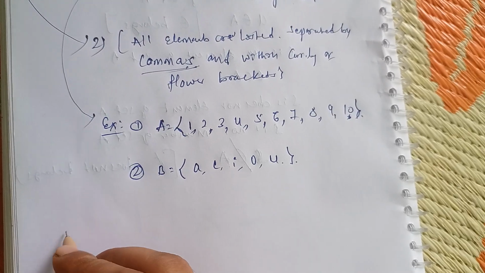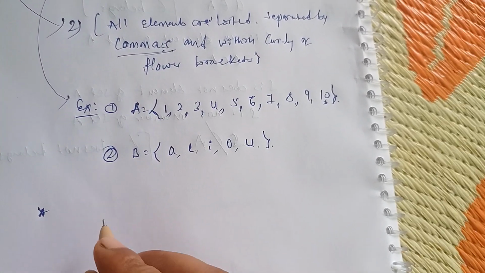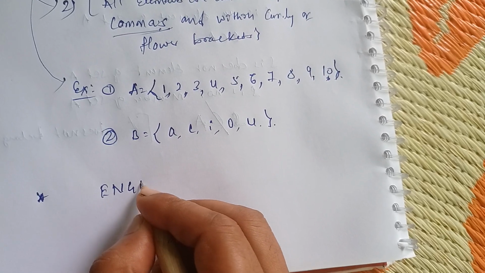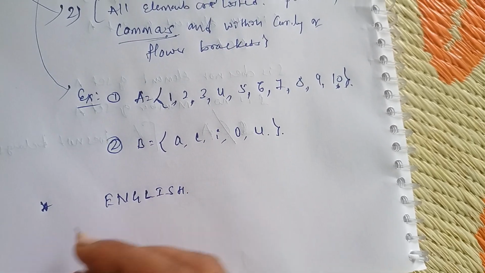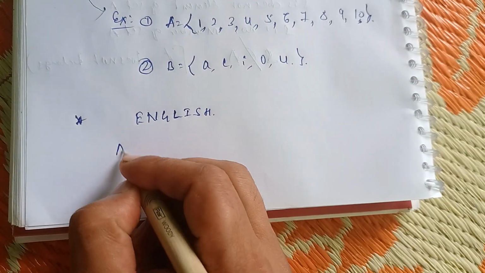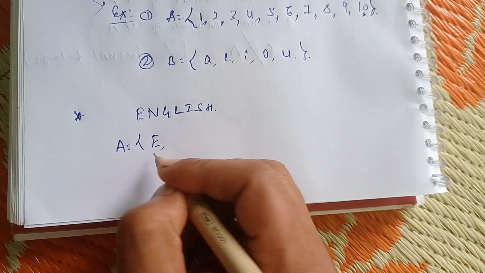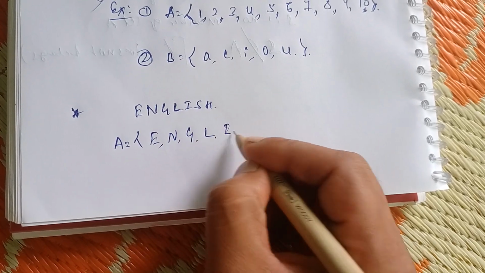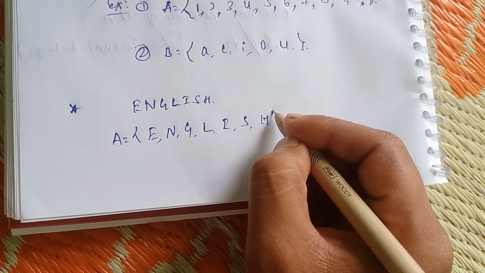Then next, one more important concept, students. For example, the English word. How to write it as a set? For example, A equal to e, n, g, l, i, s, h.